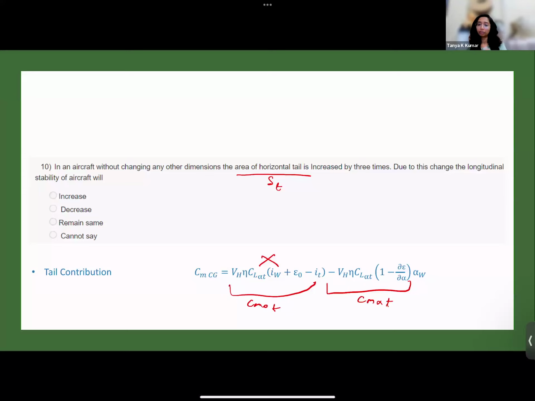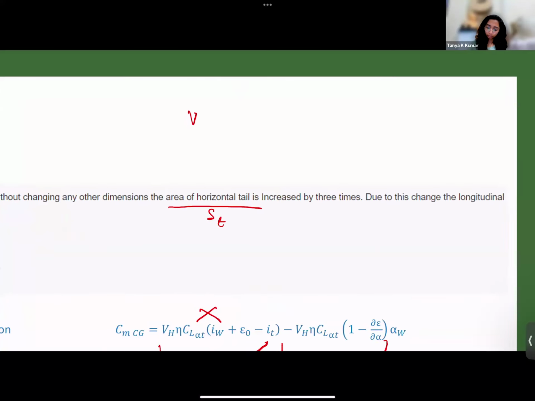The only thing we're changing in the entire dynamics is ST. The area of the tail is increased 3 times. So the only thing changing is ST. Now where can I find ST in this equation? ST is the area of the tail. In the tail volume ratio, correct.